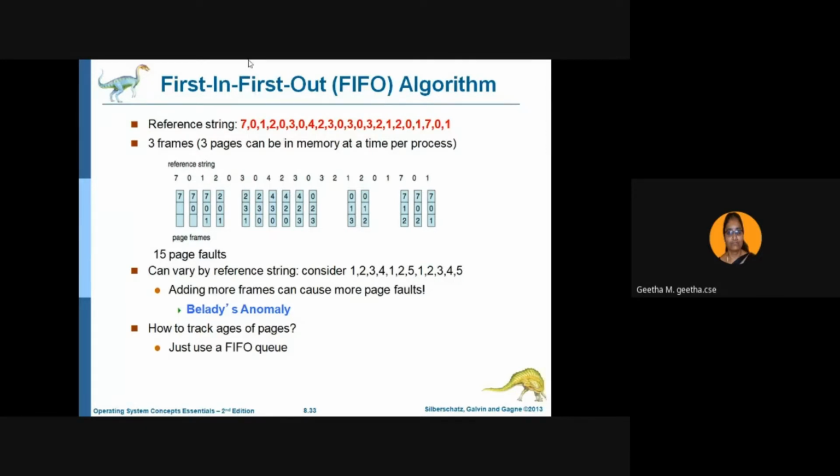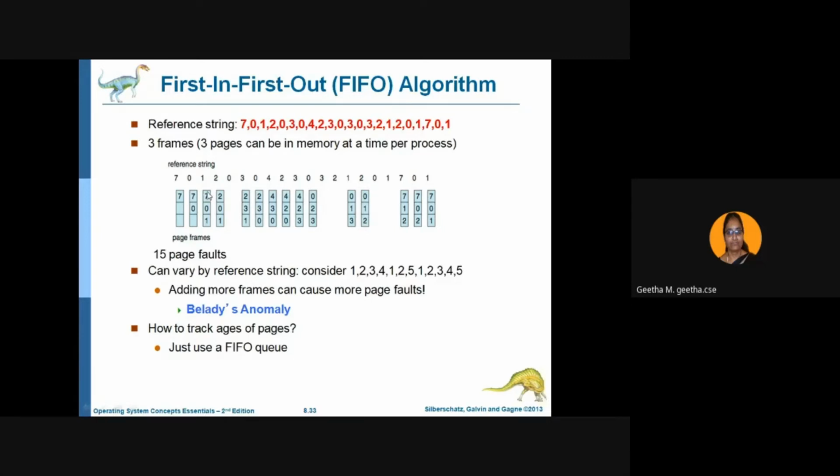So let us see what happens when other pages are referred. Another page is referred, which is page number 2, but it is not in any of the frames, and also there is no free frame available. In this case, what the FIFO algorithm will do is look at which one has been put into the physical memory first.